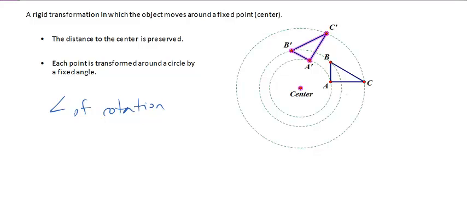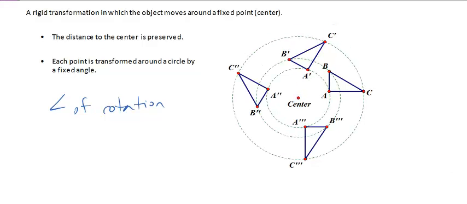And obviously, we could keep doing this multiple times, as you see in this next picture. Here you go, and you can see even here, no matter how many times or by what degree I rotate, the image is always identical in shape and size. It's always congruent to the pre-image.